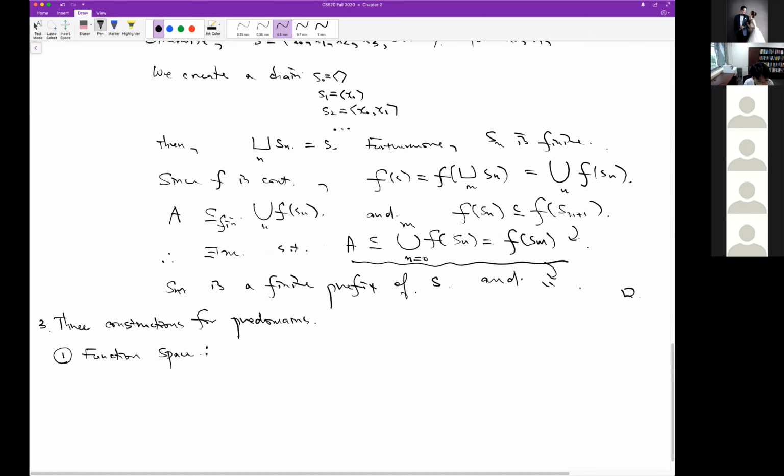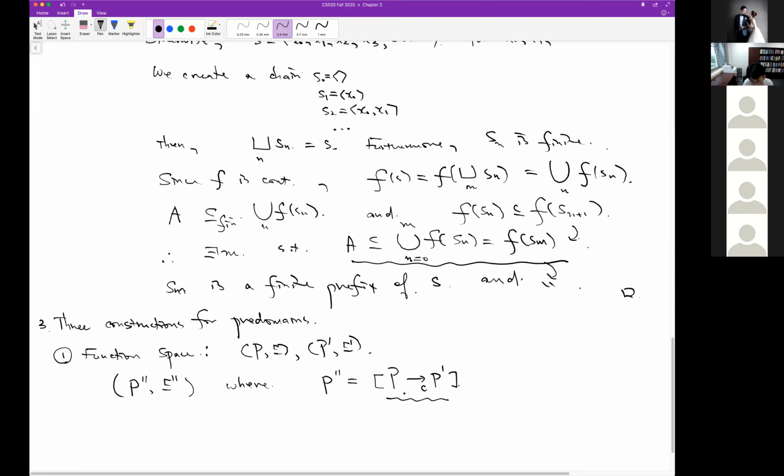The function space construction assumes that we have predomains P and P prime, and we want to construct a predomain out of continuous functions from P to P prime. So this function space construction produces a new predomain P double prime with order less than double prime, where P double prime consists of continuous functions from P to P prime.